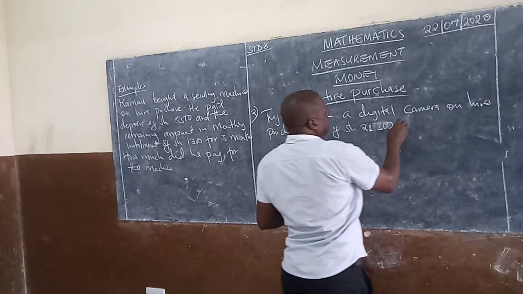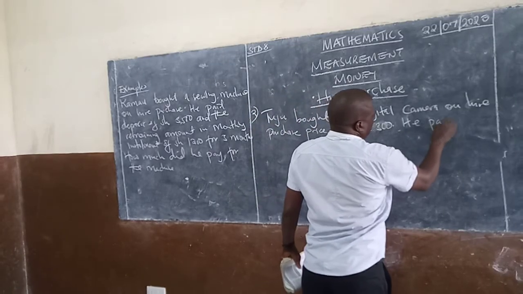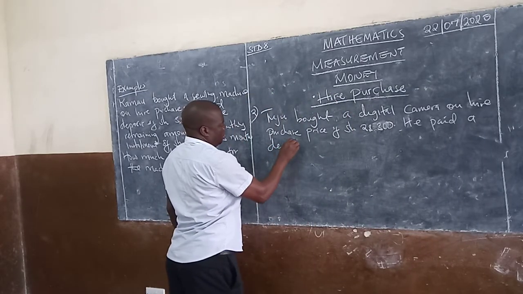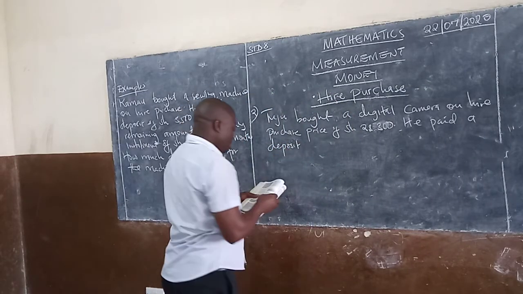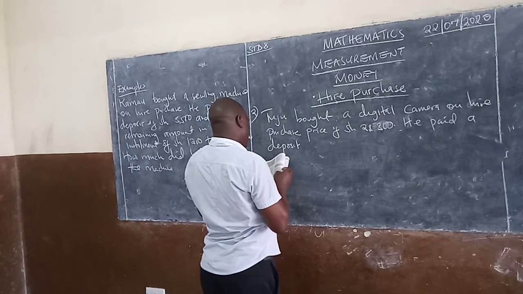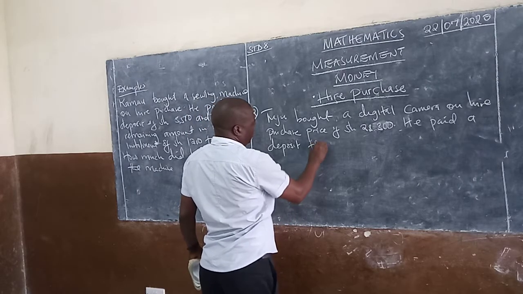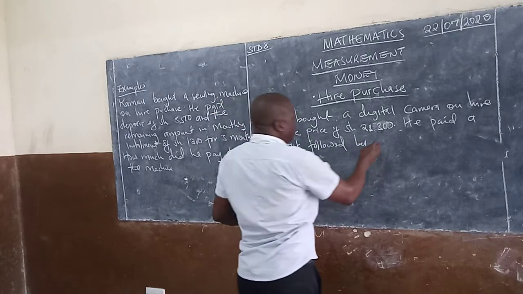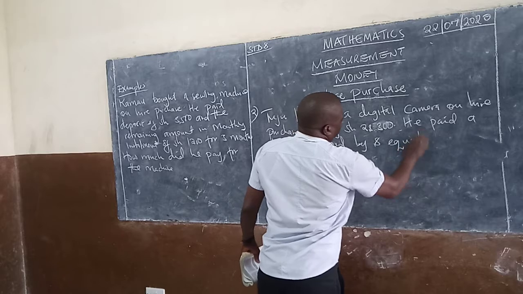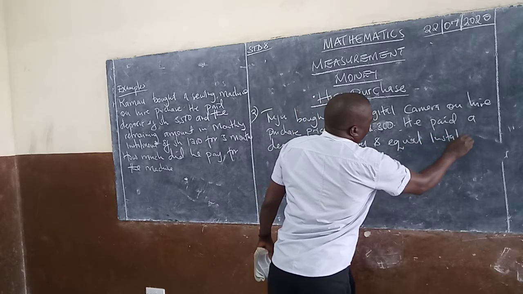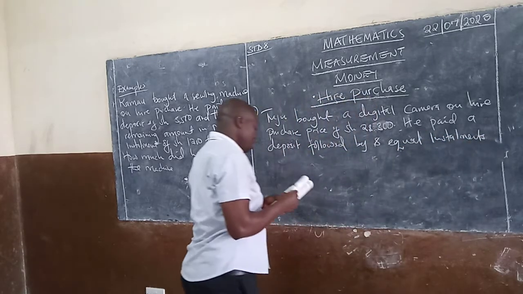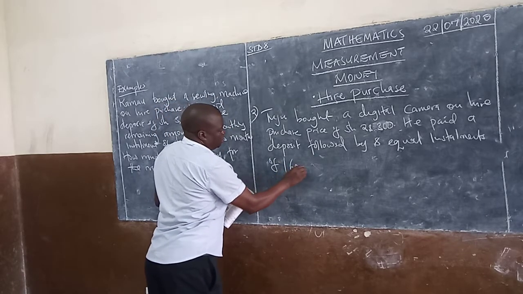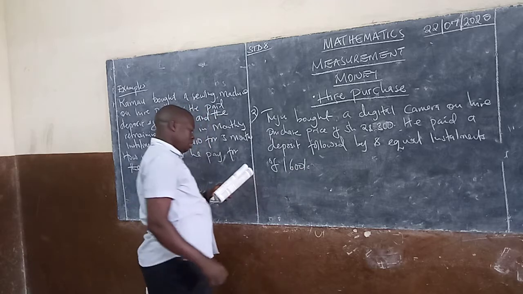He paid a deposit, followed by 8 equal installments of 1,600 each.